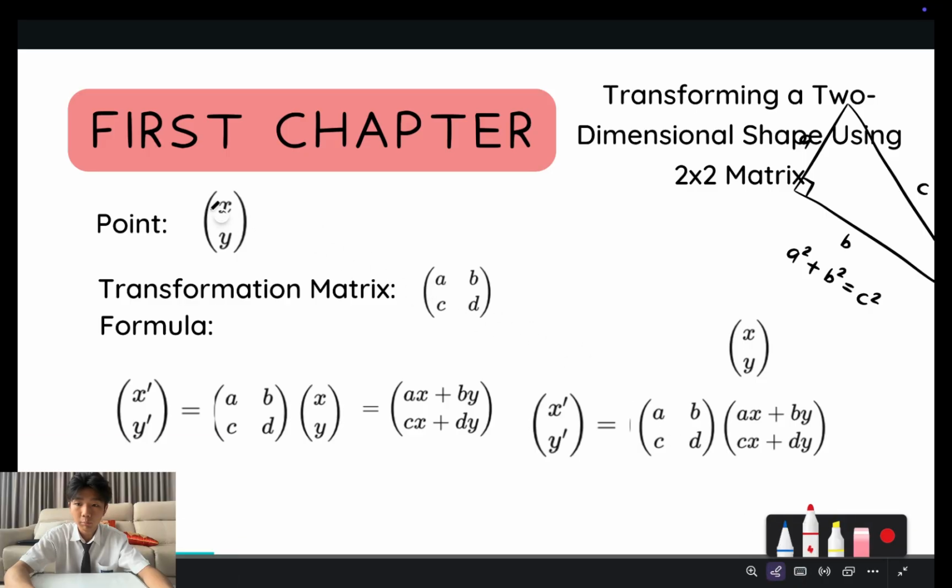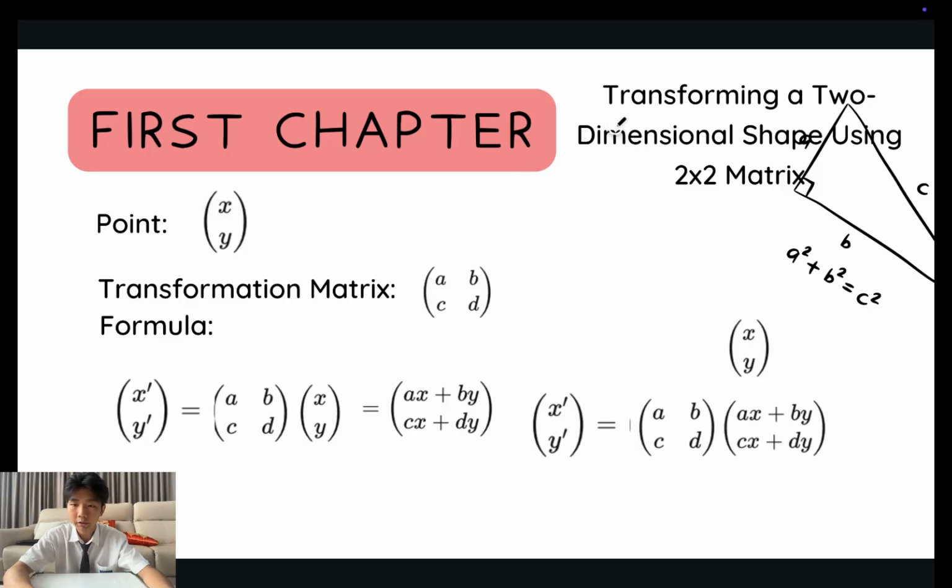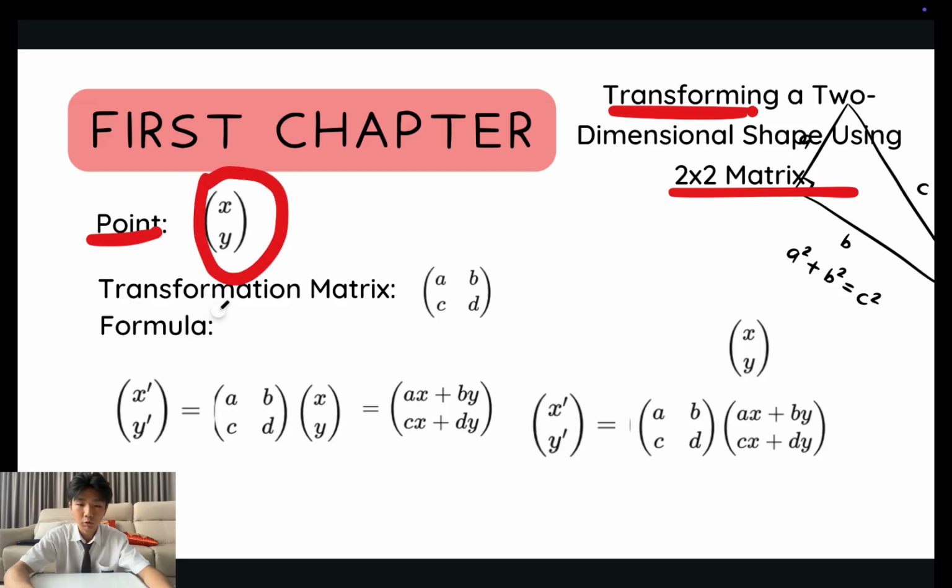In this first part, I will be explaining the 10th grade material, which is transforming a two-dimensional shape using multiplication with a matrix. 2D shapes consist of several points written as x, y, and to transform the shape, we need to transform each of the points individually by using the transformation matrix.